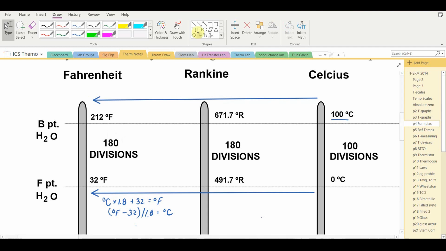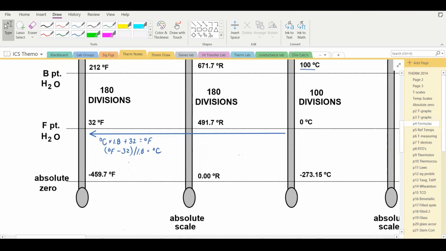It's going to be 100 degrees C times our sensitivity factor 1.8. We're going to a more sensitive scale. That's 180 plus 32, which is in fact 212 degrees Fahrenheit. Yeah, it works.